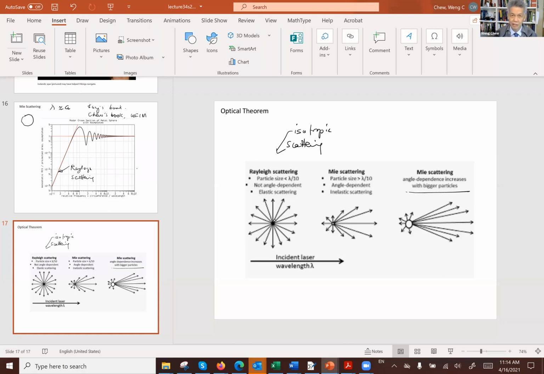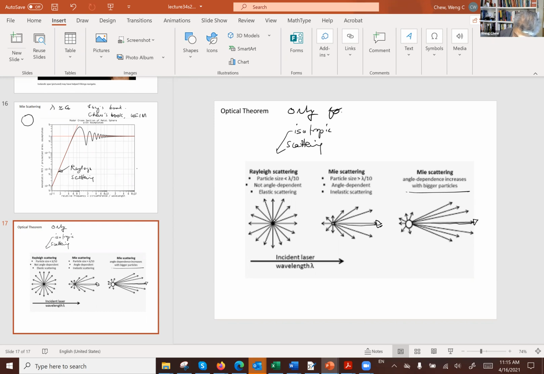There's something called the optical theorem that says that once you know the scattering amplitude of the wave in this direction only, if you know how much power is being scattered in that direction only, you can figure out the total scattering cross-section of the object. This is something I will not talk about in this course, but it's good knowledge that you should be aware of.